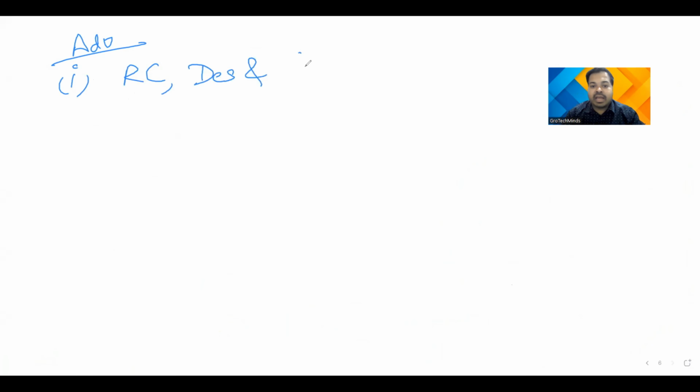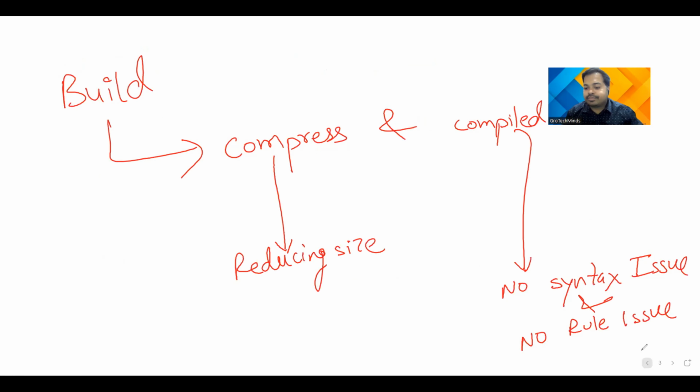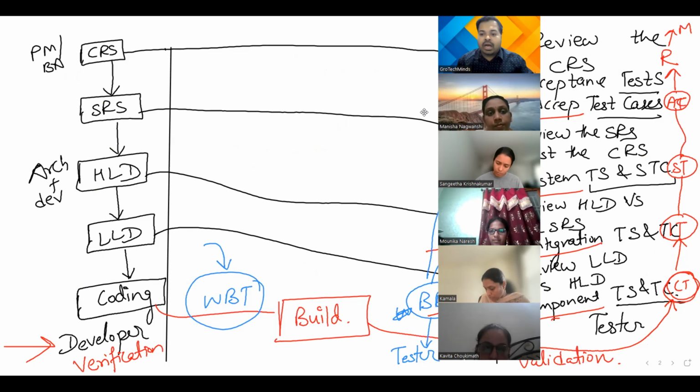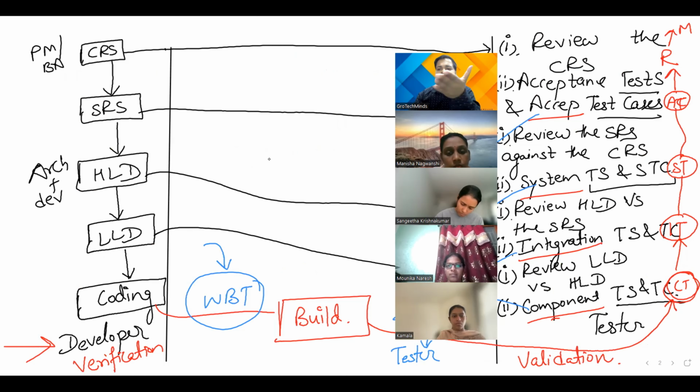Write down the first advantage: my requirement collection, design, and coding, all 3 of them are tested. Am I right? All are tested. Are you guys understanding how requirement collection is being tested here? I want to understand from someone. Kavita, will you be able to tell me how requirements are tested here?